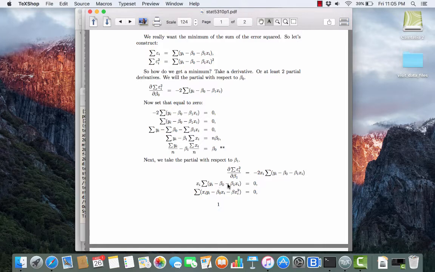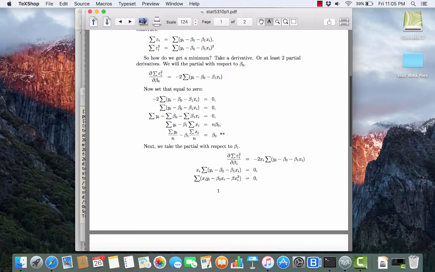But you still have xi. So your first step is to go ahead and multiply those out. So you've got the summation of the quantity xi yi minus beta 0 xi minus, that should be beta 1, sorry, beta 1 xi squared equals 0.